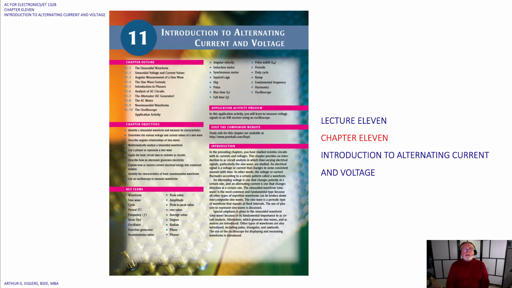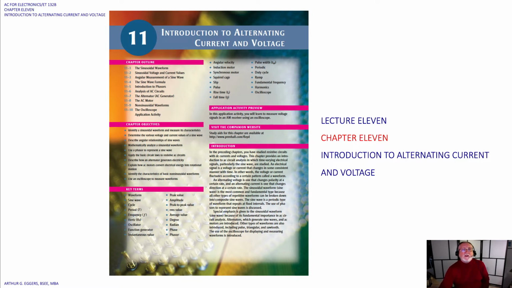So in this course, you can see in the chapter 11 flash plate here from the textbook, we're going to look at several sections in that book. The last section, 11.10, the oscilloscope, we're not going to spend a lot of time on because you're going to be using your information for the oscilloscope in your lab, and you're going to be learning in your lab assignments the operation of an oscilloscope.